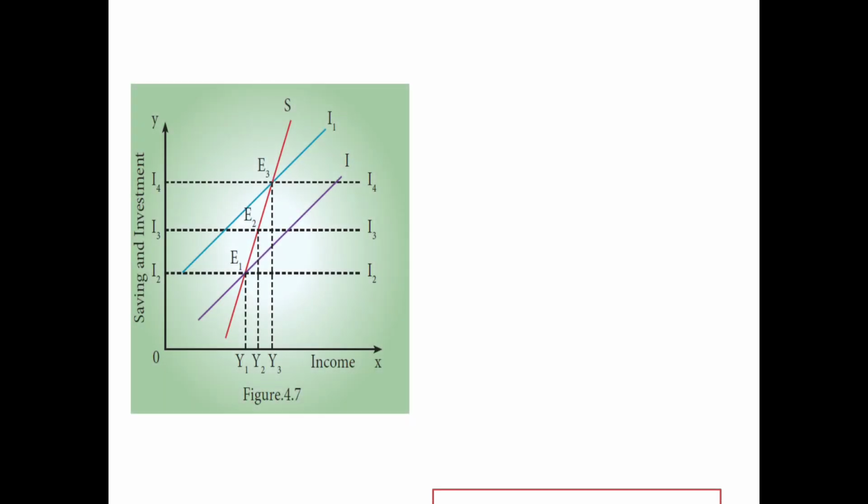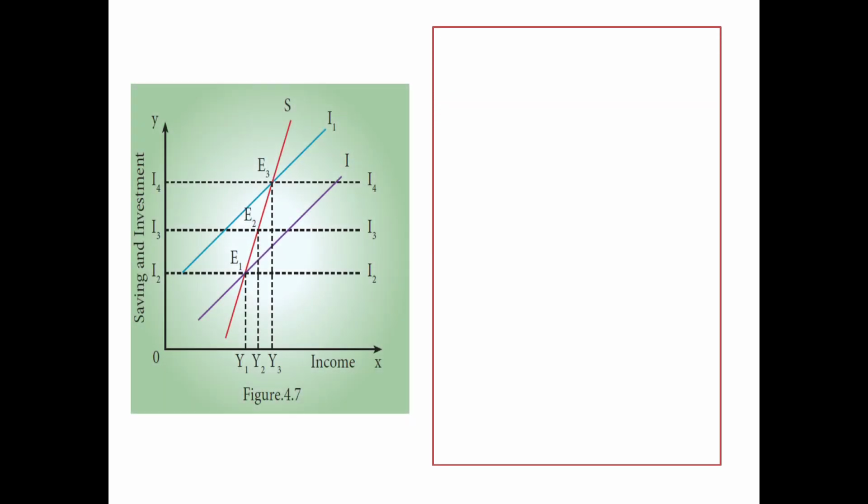Next we are going to see the diagram. Whenever you see a diagram, first you should know what is given on the y-axis and what is given on the x-axis. On the y-axis, saving and investment are given. On the x-axis, it is income. We can see a red line here which denotes supply, and two lines denoting investment.